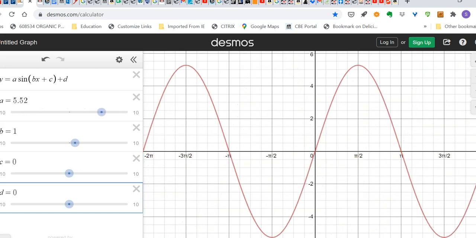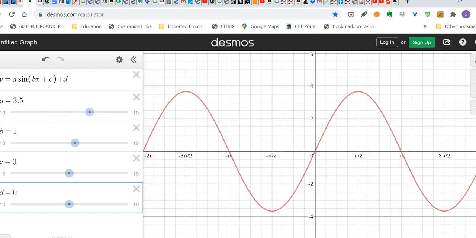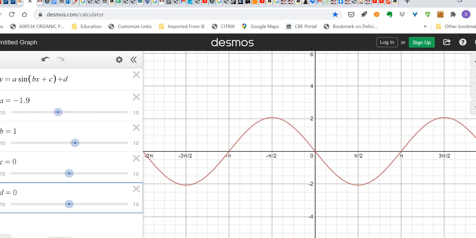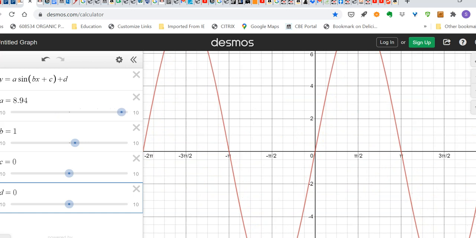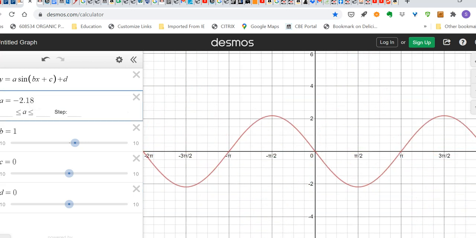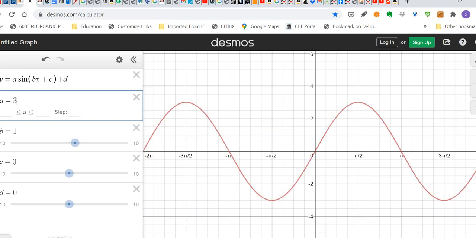So it's stretching it vertically, which is up, down, right? So A is a vertical stretch. Now, what is A? Let's set A to a value. I'm just going to set it to like 3. Why not? 3 is a good number. A is 3. So what's the maximum value? What's the minimum value? -3.